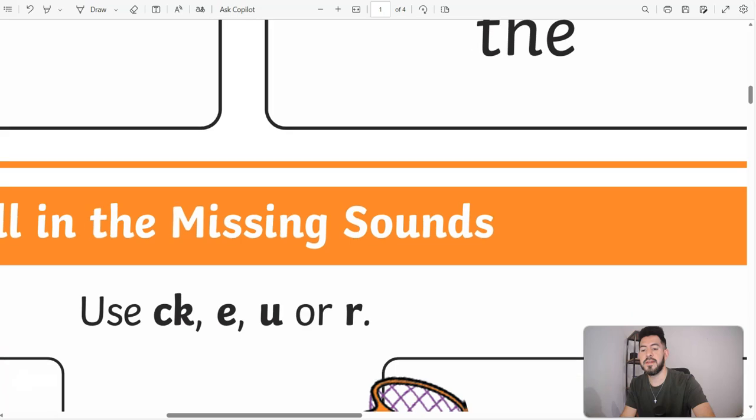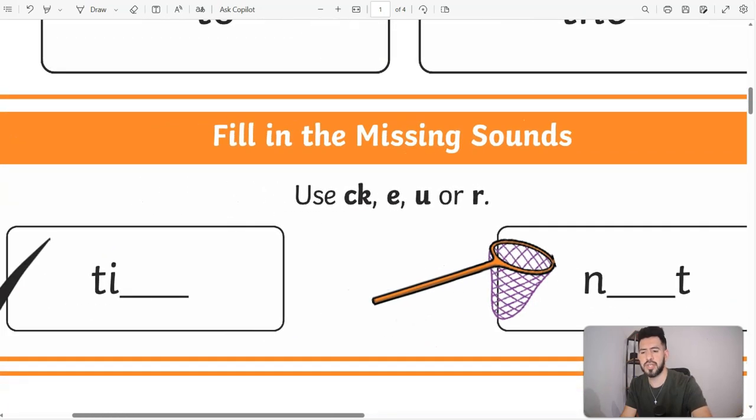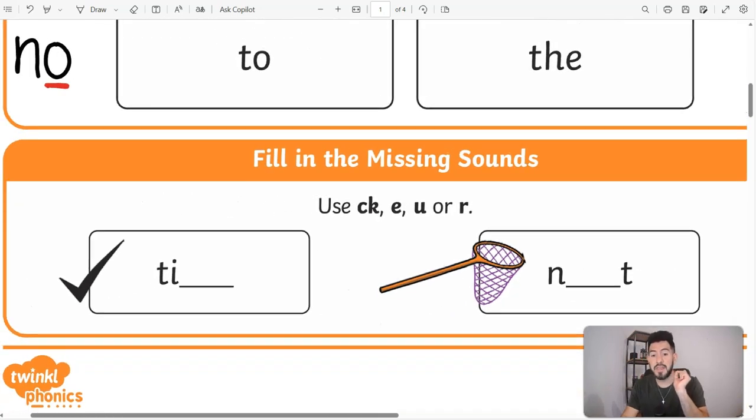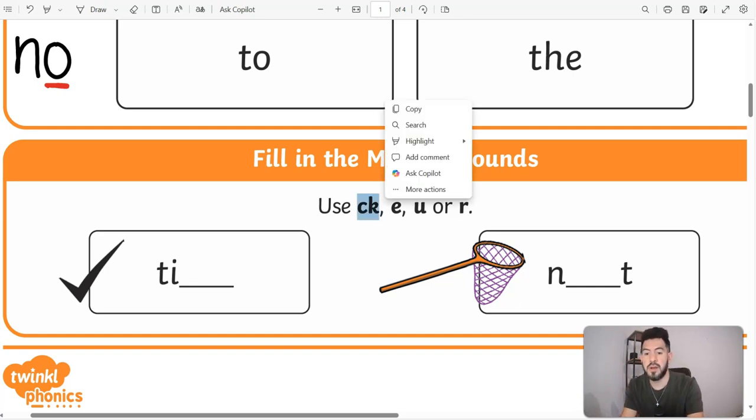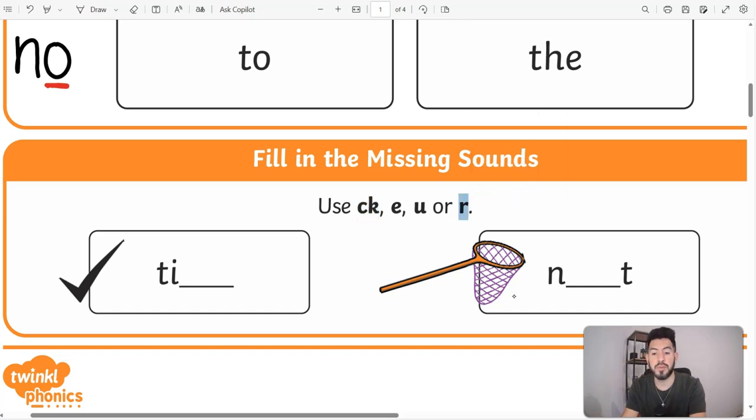Okay, then we have 2 pictures and we need to fill in the missing sound. We need to use k or e or one of those to complete the word.